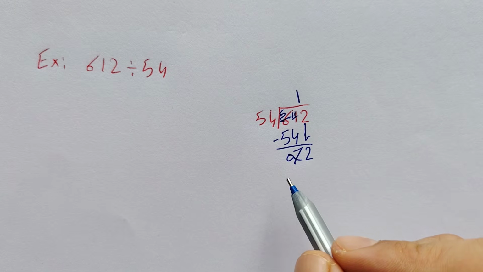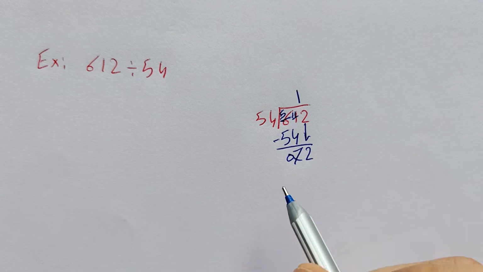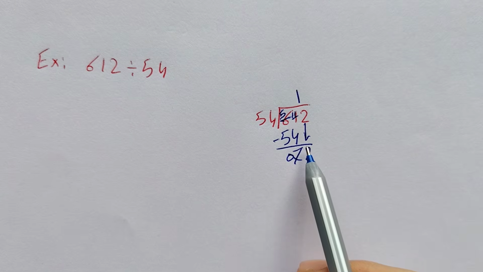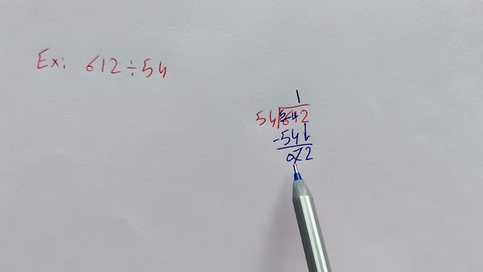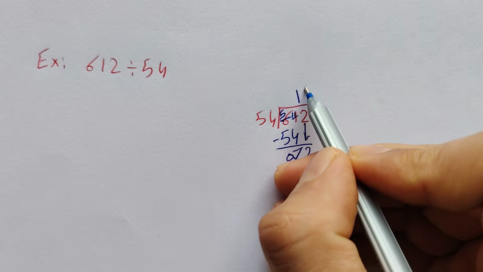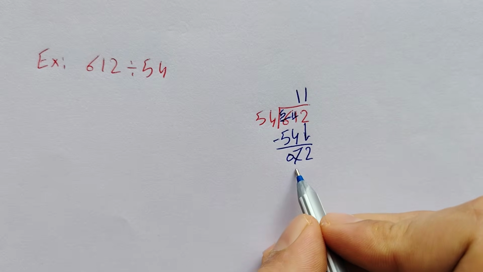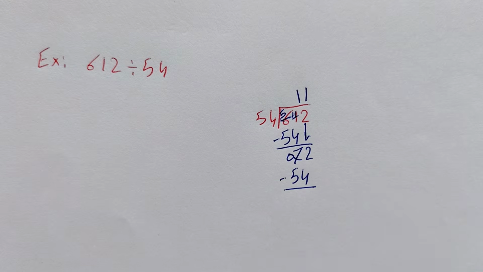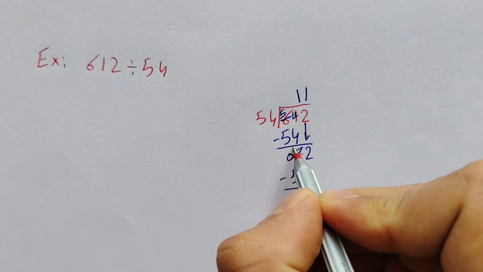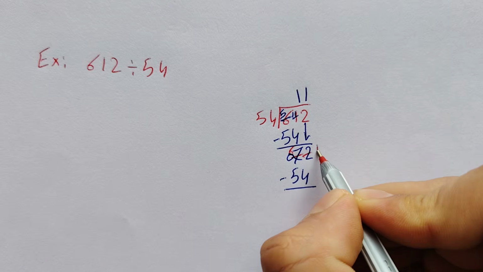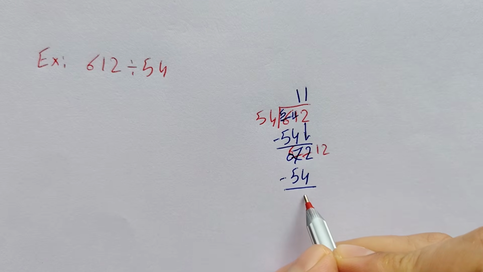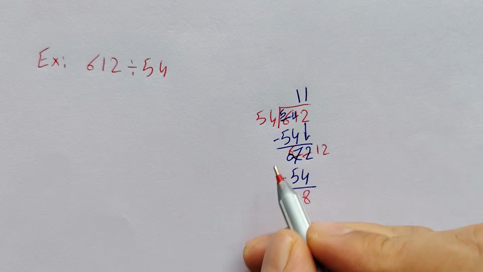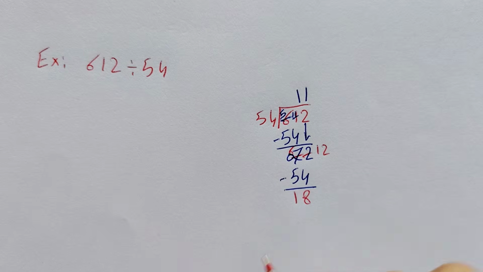Now, same steps. Whenever you bring down, you divide. Last digit. It will be 7 divided by 5, which is 1. 1 times 54, 54. Then we subtract it. This one will be 6. This one will be 12. 12 minus 4, 8. 6 minus 5, 1.